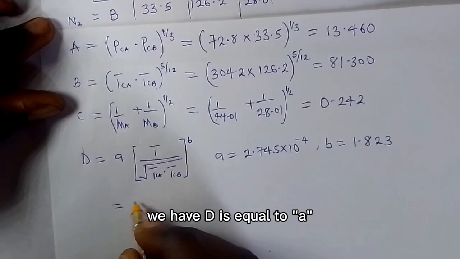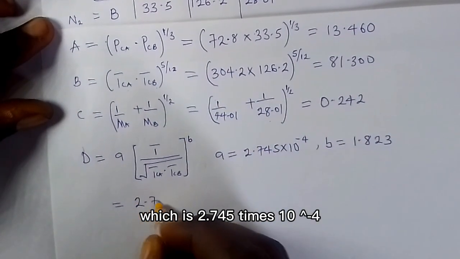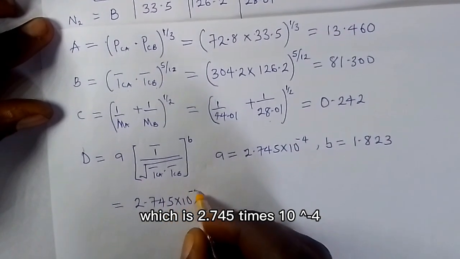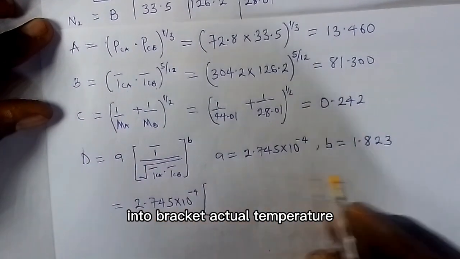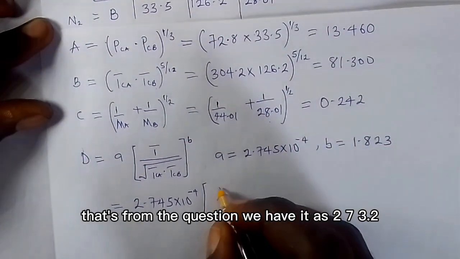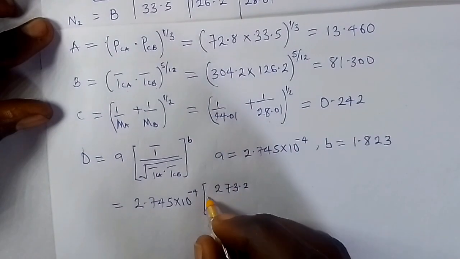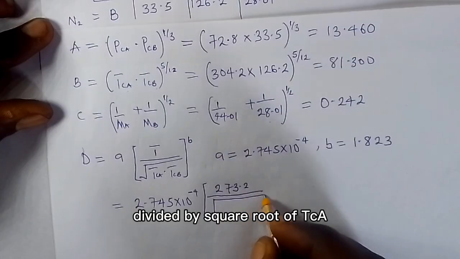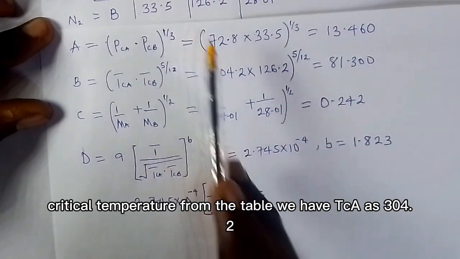The next thing is to substitute the parameters. We have D is equal to A, which is 2.745 times 10 raised to the power of minus 4 into bracket actual temperature, 273.2, divided by square root of TCA, that is critical temperature.